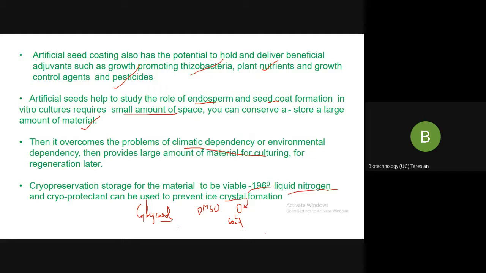Cryoprotection is necessary for cryopreservation of plant material unless they are naturally dehydrated. So generally, when we say cold acclimatization in plants, it is nothing but a slow dehydration process.